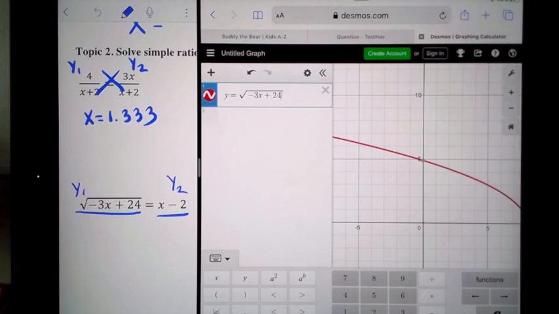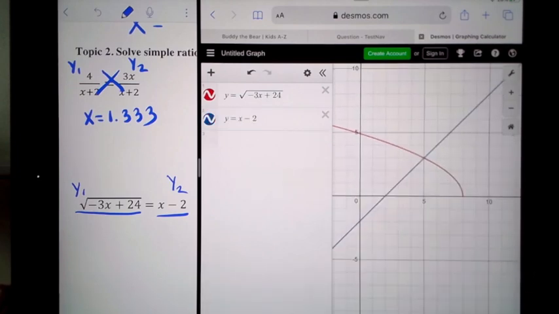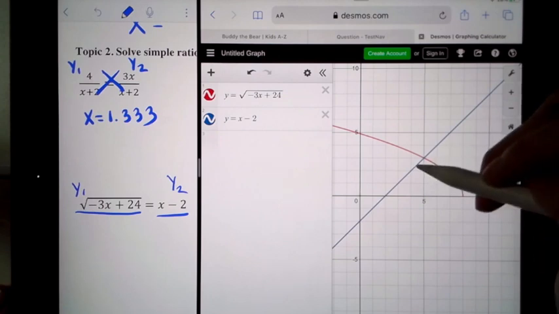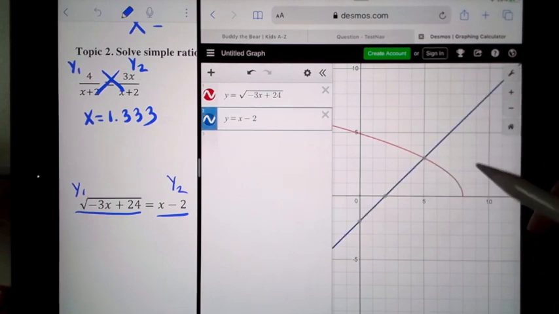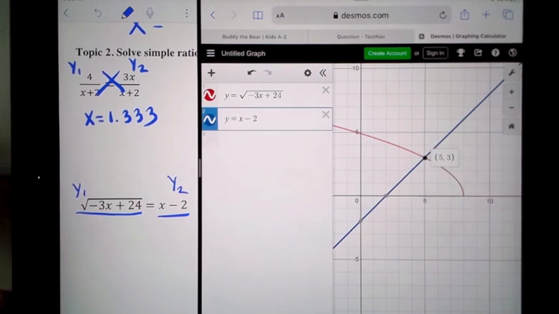And my y2, you copy that one, x minus 2. So y equals x minus 2. Do you see the intersection over here? That's my solution, 5, 3. We're just using x values only.